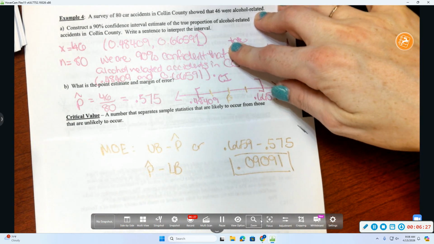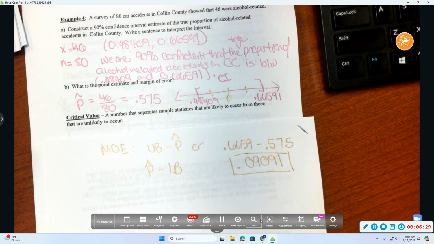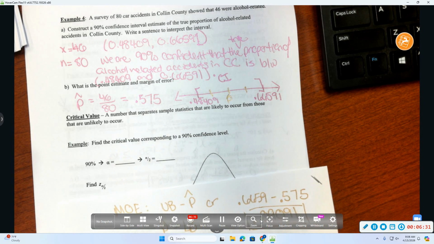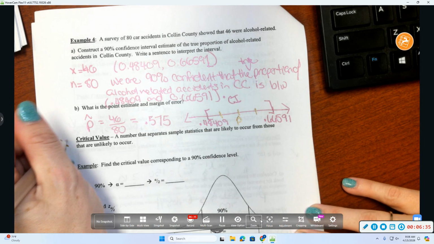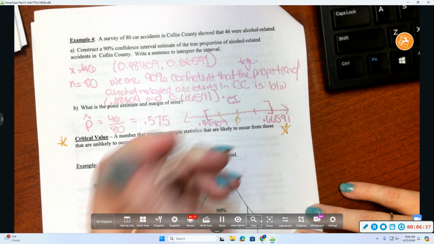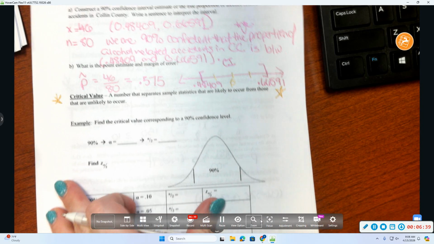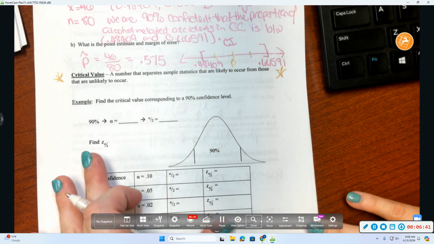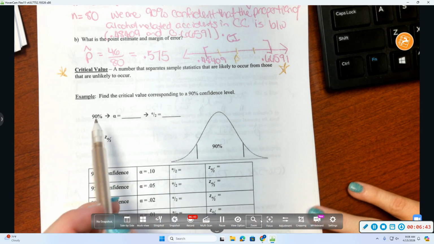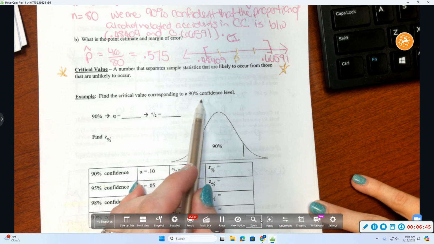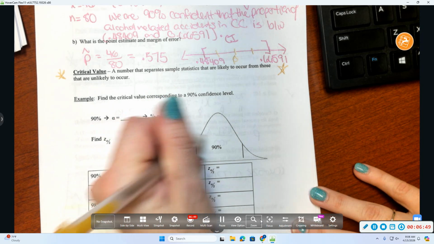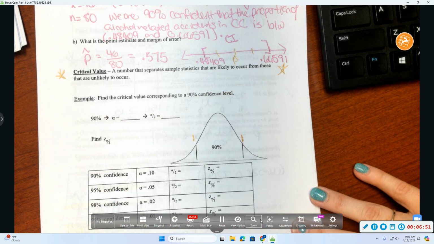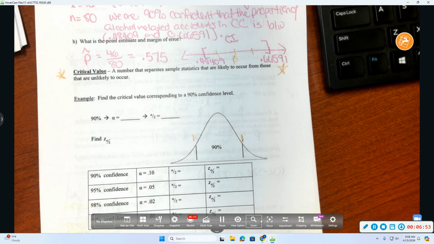Critical value. Critical values are numbers that separate sample statistics that are likely to occur from those that are unlikely to occur. Yippee. We'll end up using a lot of critical values when we do hypothesis testing. So finding a critical value that corresponds to a 90% confidence interval. Bottom line, you're finding the values right here. Does that make sense?